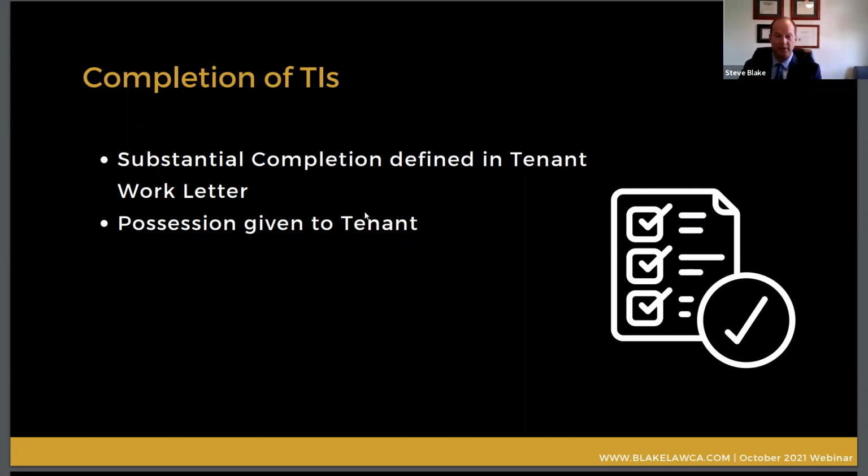But typically what happens is the landlord will send some type of a notice to the tenant saying the project has been completed. And then the tenant will have a duty to inspect the improvements, make sure that everything's good to go, sign off on it. And at that point, possession of the premises is provided to the tenant and their obligation to pay rent kicks in.